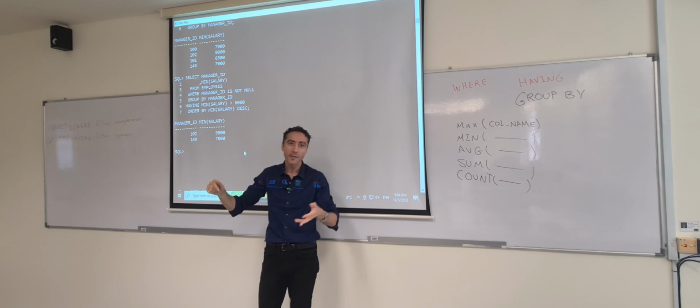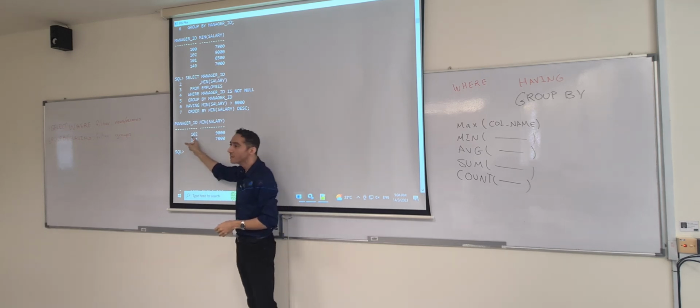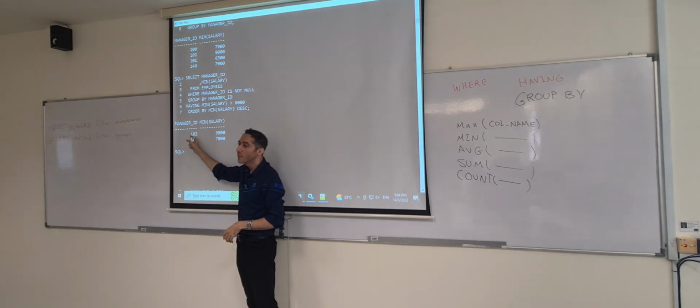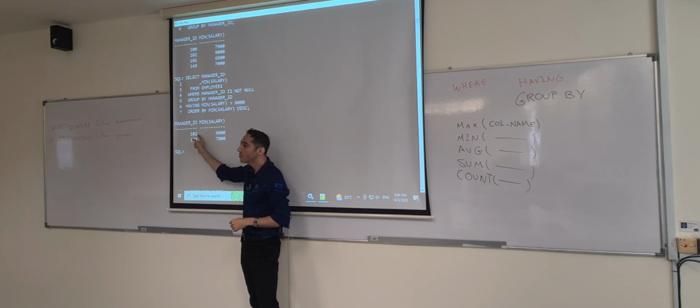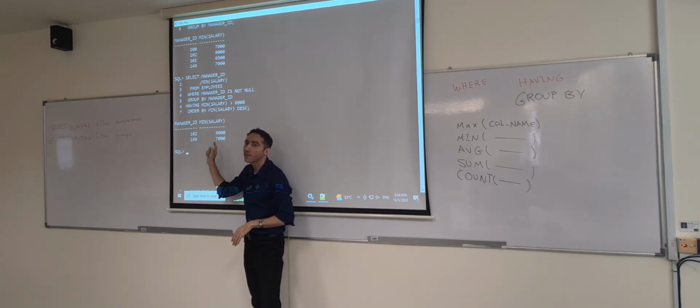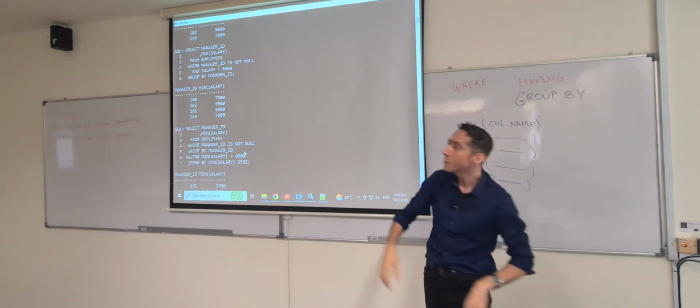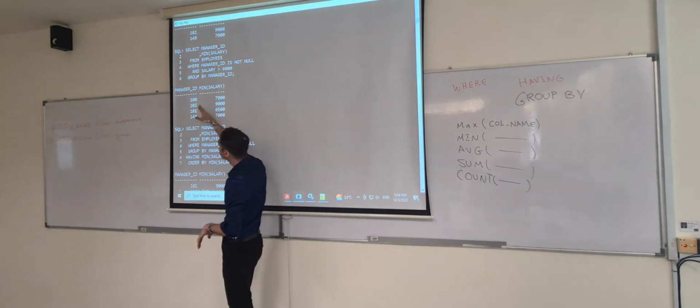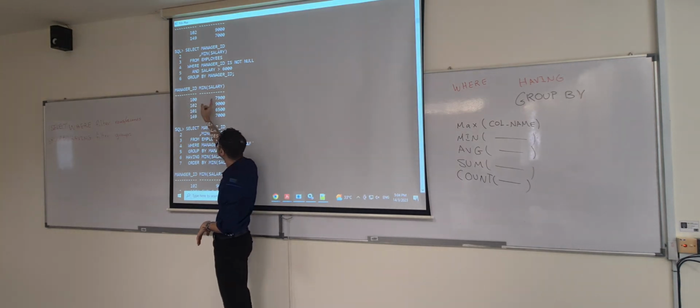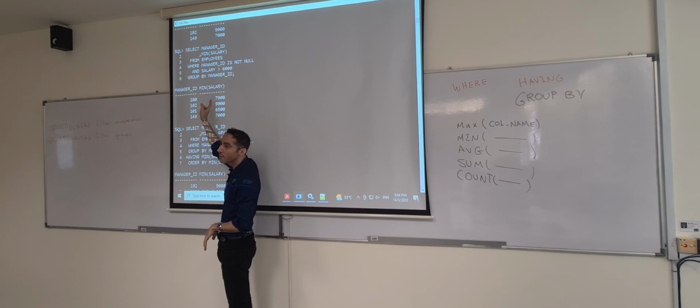To reinforce the understanding, this means for a group whose manager is 102, the minimum salary among the group members is 9K. Right? And for 149, the minimum salary is 7K. But I cannot say the same for this one. Can I say for group 100, the minimum salary is 7,900? With the where clause, I cannot.